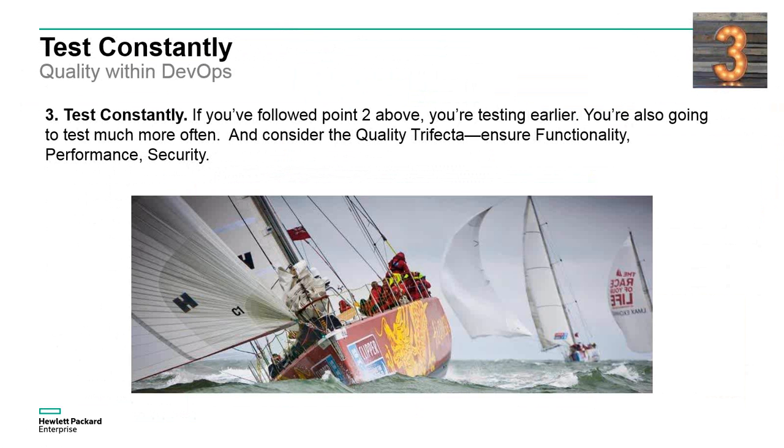If quality is part of the culture, and you've been shifting towards doing everything earlier, then you're going to be testing constantly anyway. But it's not just testing of functional requirements. There are other non-functional requirements as well. There's performance, for example, and security. And you might also have compliance requirements that you'll need to test throughout the pipeline.